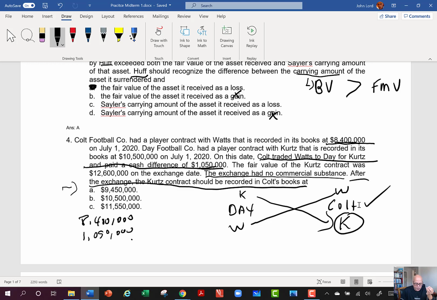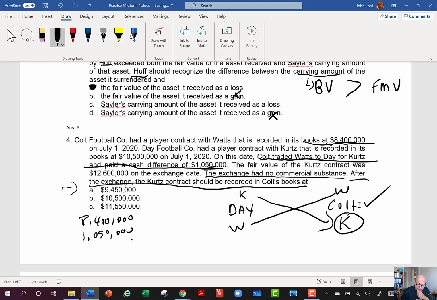Is there a gain to Colt here? And if it's a gain, I will take the entire gain if the cash constitutes 25% or more of the total consideration. So what's the fair value of the contract?